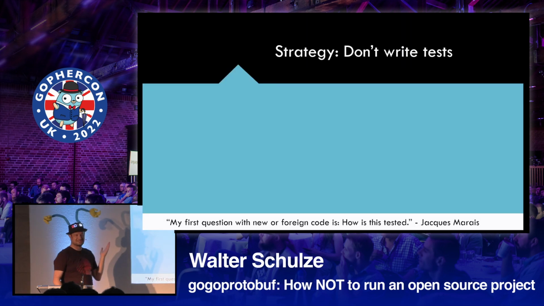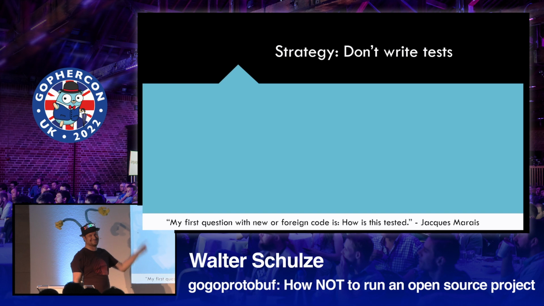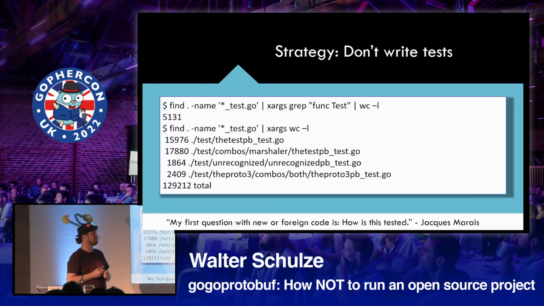Okay, this is a mistake we didn't make. We have lots of tests, and this gave the new maintainers some confidence to make changes to the code base, even though I wasn't there to do any handover. And to be honest, I rely on these tests a lot.